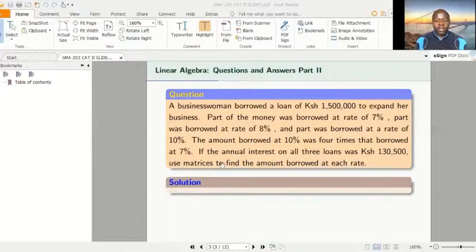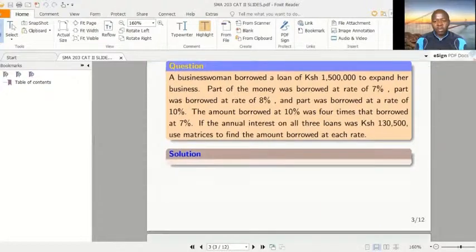And the question is saying to use matrices. When you find this question, the most important thing is to extract the information that you get. I've seen that this woman borrowed in 3 parts. One was borrowed at 7%, another part at 8%, another part at 10%.